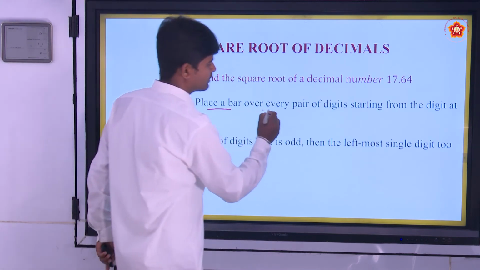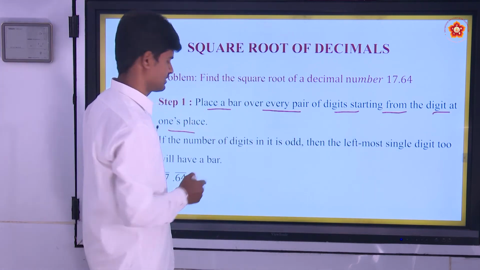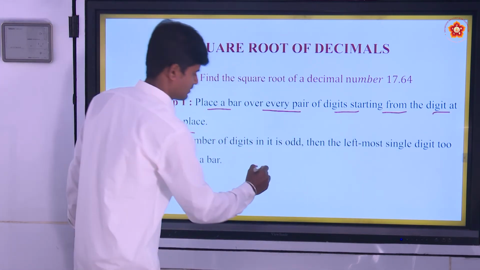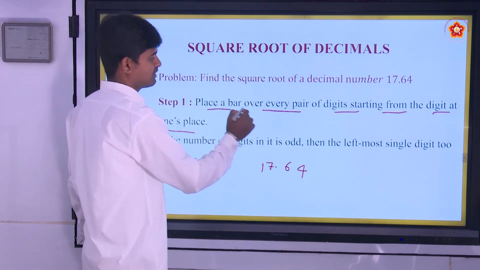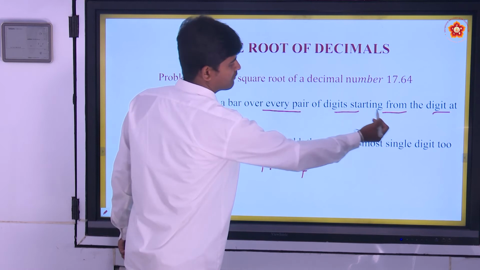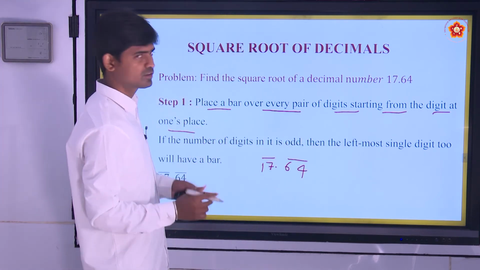Place a bar over every pair of digits starting from the digit at the ones place.